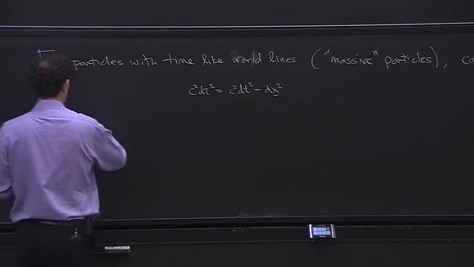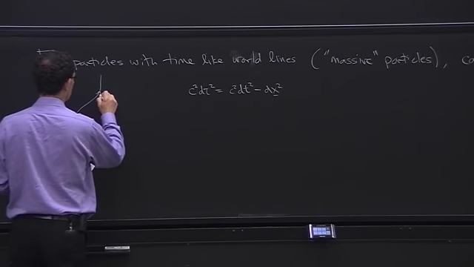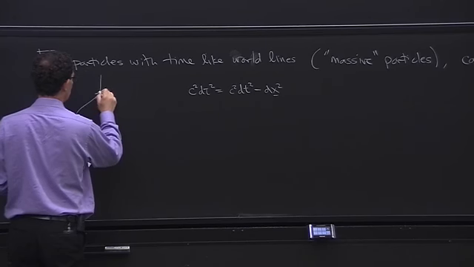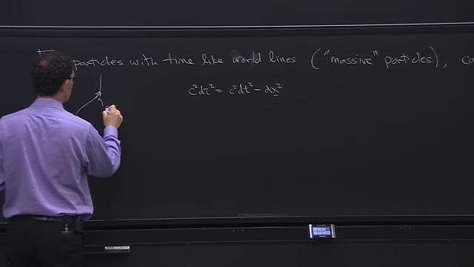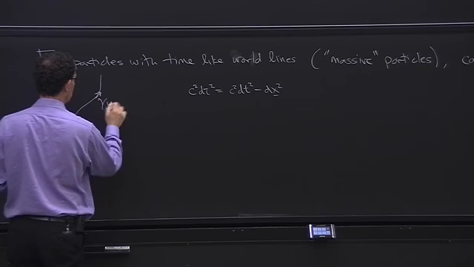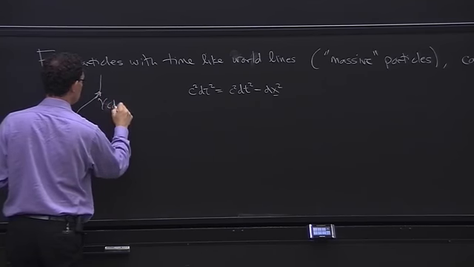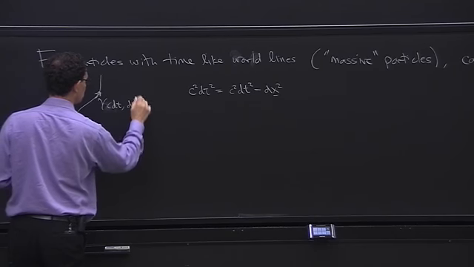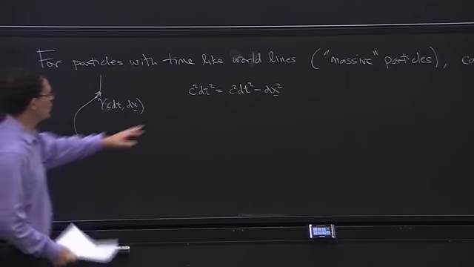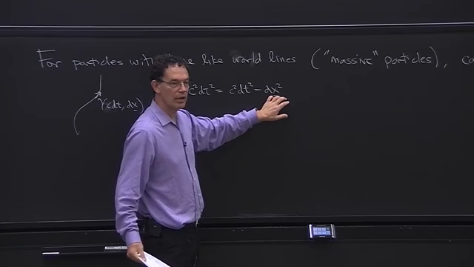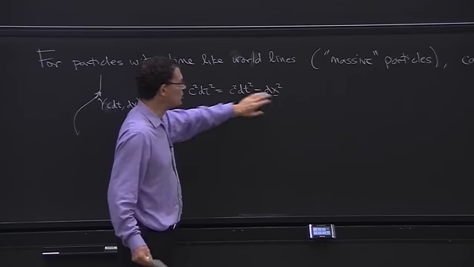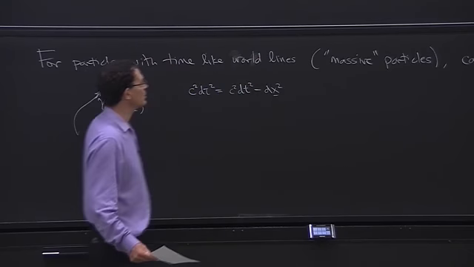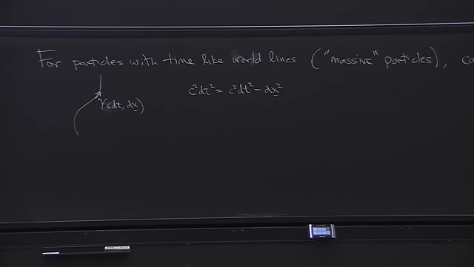So we take some little piece of the particle's world line, where the tangent vector is proportional to c dt and dx. And we form this combination, which is Lorentz invariant. And by definition, it is positive because these are time-like world lines.